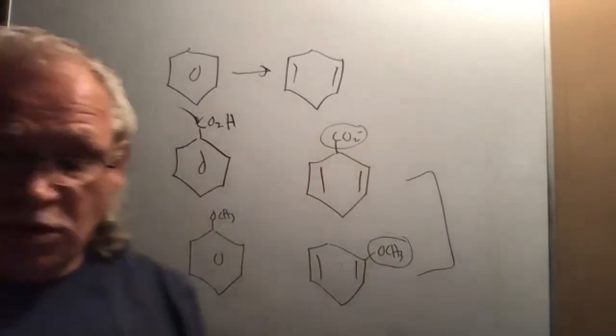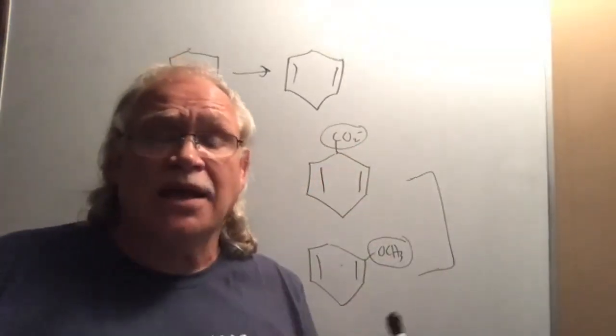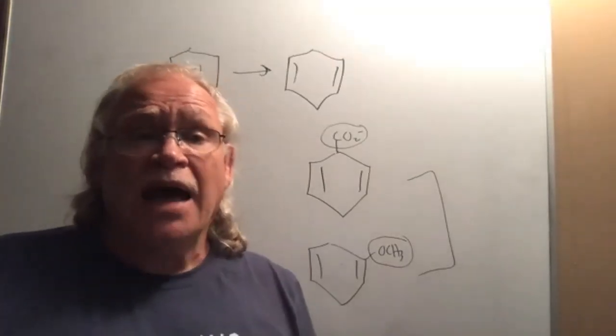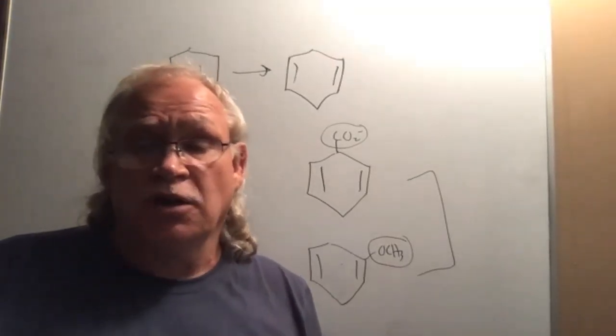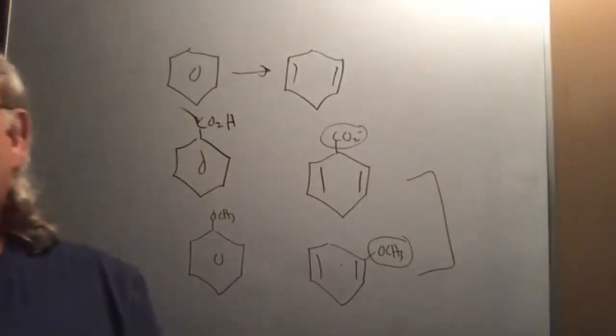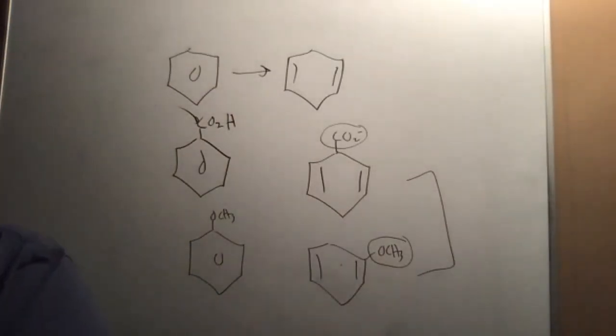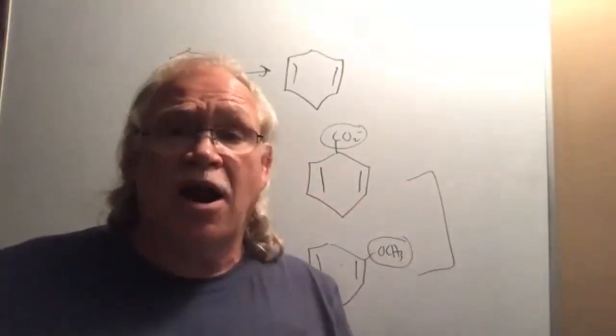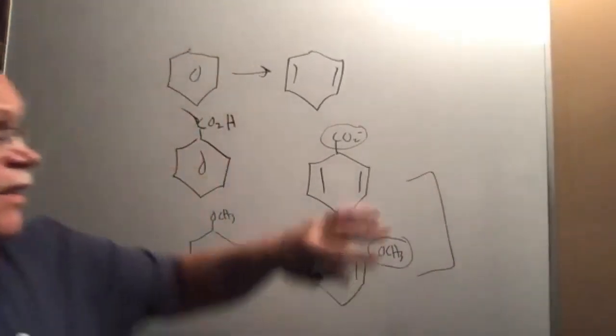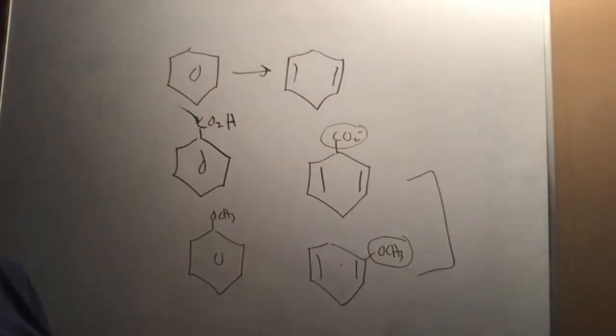On the test, you will not be asked to write the mechanisms for either one of these, but I could give you this Birch reduction. The Birch reduction is one of the few reactions overall that will destroy an aromatic ring. This is kind of the exception to the norm.